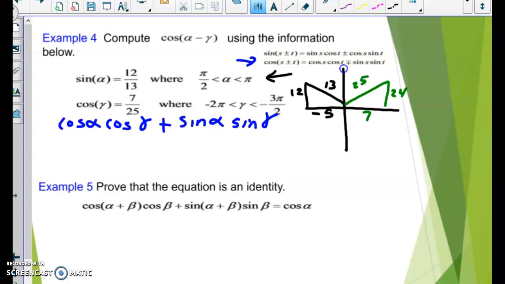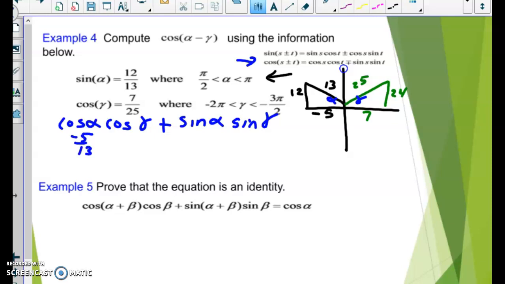And so then to actually find some of these, I'm going to need to go to my triangle. The cosine, well, let's go back here. This first one is, this is that, and this one is this shape. Okay? So to find these, the cosine, I got to go to the right triangle. The cosine is the adjacent over hypotenuse.